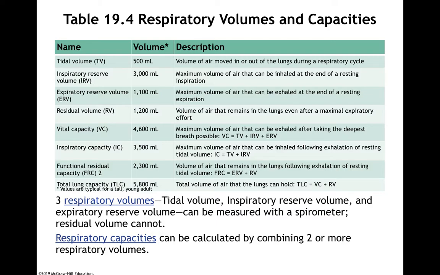Inspiratory capacity is the amount you can inhale following exhalation of a resting tidal volume, and functional residual capacity is the volume of air that remains in the lungs following exhalation of resting tidal volume. And there are formulas to calculate each one of those.